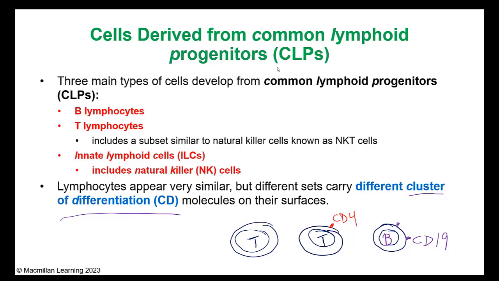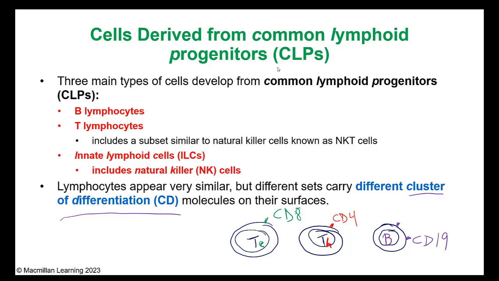Another one is CD8. Depending on the presence of either CD4 or CD8, the subcategories of T cells are different. If the T cell has CD8, it's going to be a cytotoxic T cell or a killer T cell. If your T cell has CD4, it's going to be some kind of helper T cell.